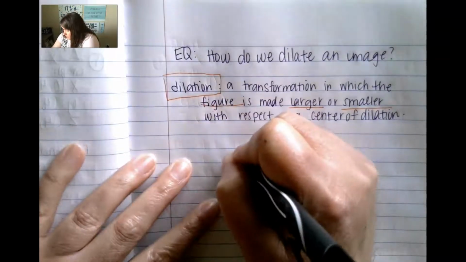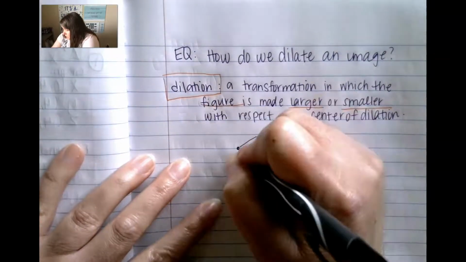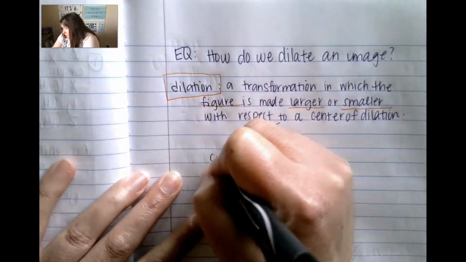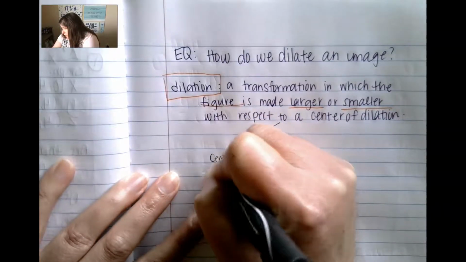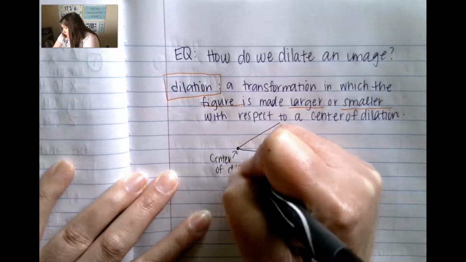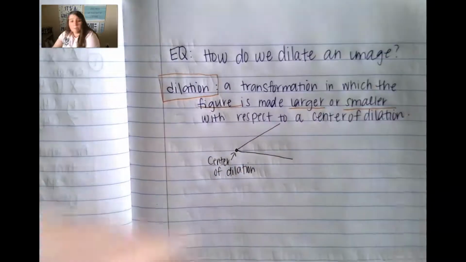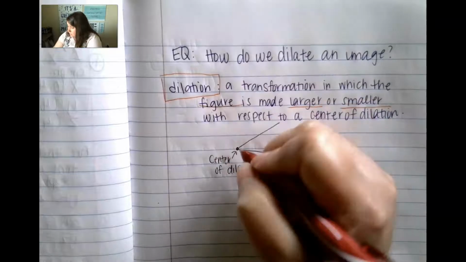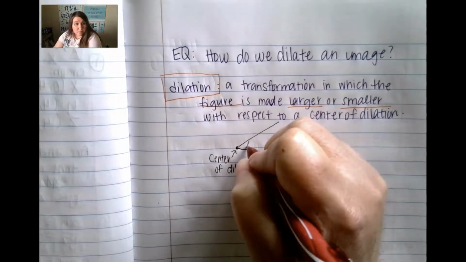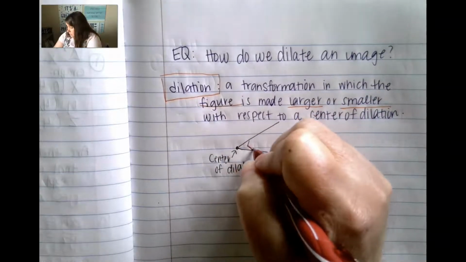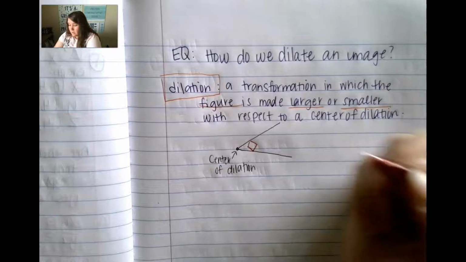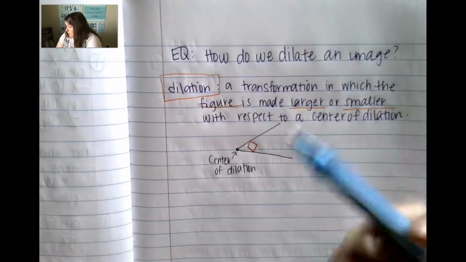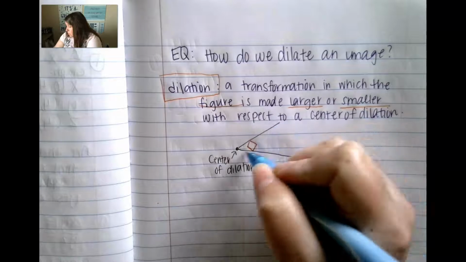If I had something that looked like this and this point right here would be the center of dilation. It's the starting point for how the shape is going to change. So if I had a shape that looked like that, and then it grew, we would use the center of dilation here to show what's happening.